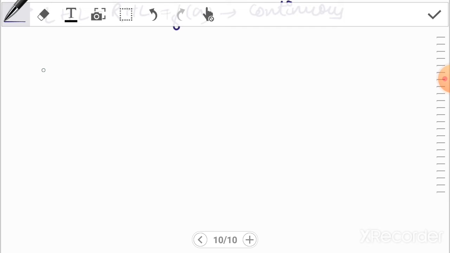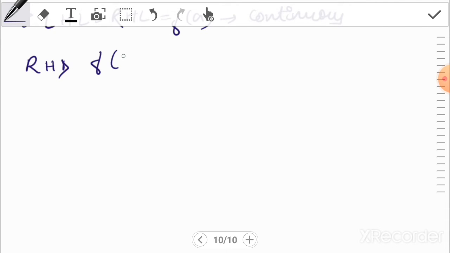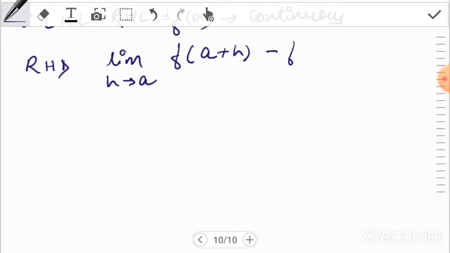Now let us check the differentiability. So for right hand differentiability, we have limit h tends to 0, f of a plus h minus f of a by h.